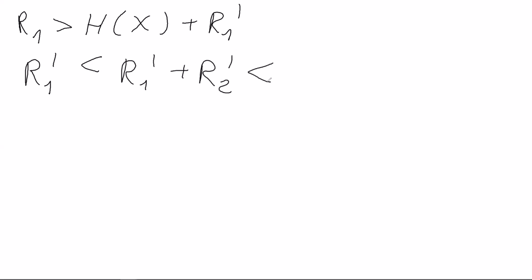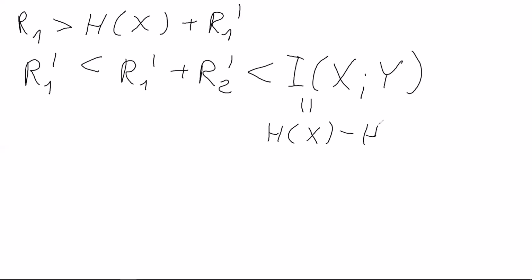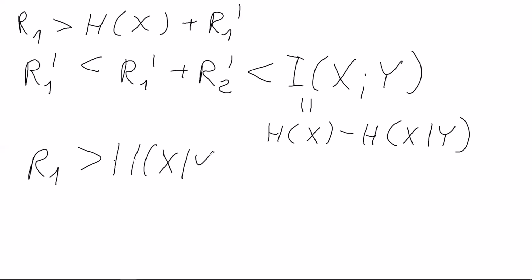This is from our proof, we will know that this is smaller than the mutual information between X and Y. But this we can write as the entropy of X minus the entropy of X under the condition Y. So if we just put this in, we got that R1 is bigger than H of X under the condition Y. That's the first point in the theorem.